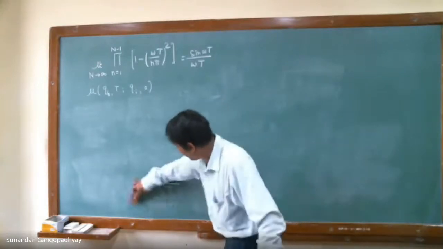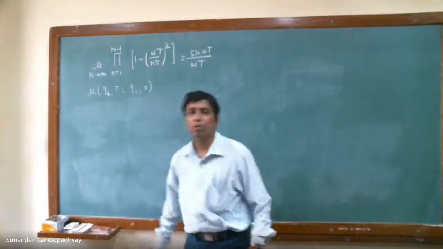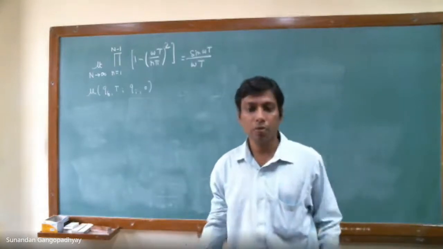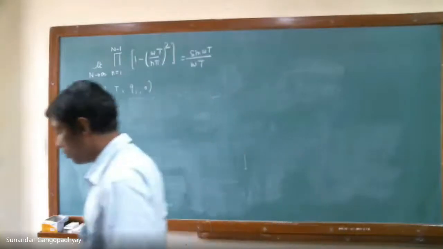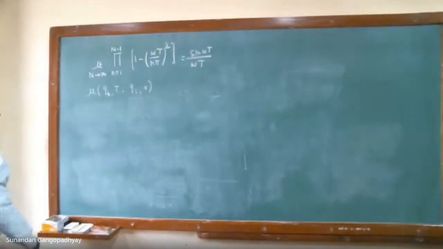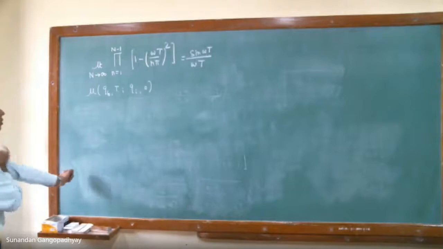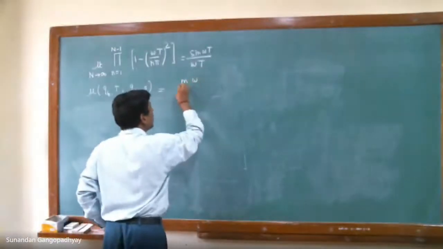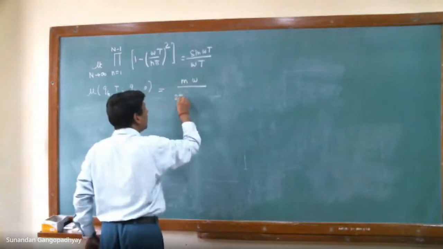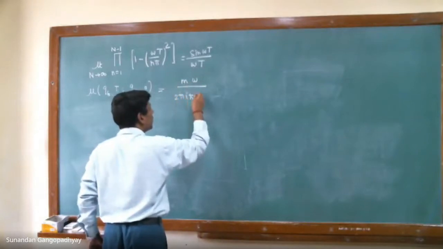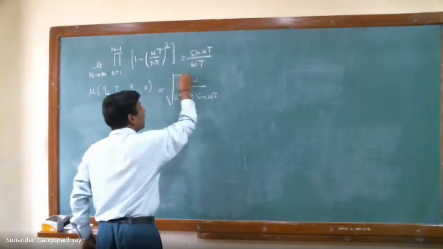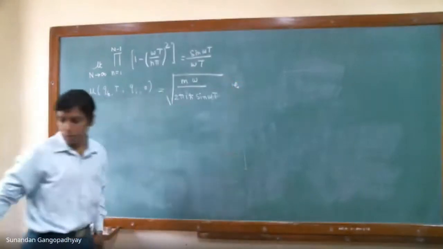Because ultimately you should be able to solve for the ground state energy and the ground state wave function. You should be able to find out what these are, and we shall do it now. So let me just write the expression that we have got. This is square root of m omega by 2 pi I h bar sine omega t, into e to the power of I by h bar.